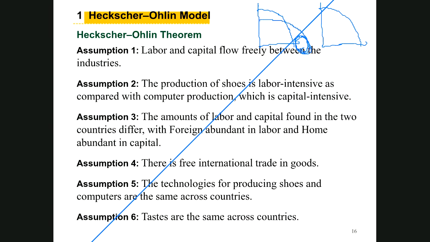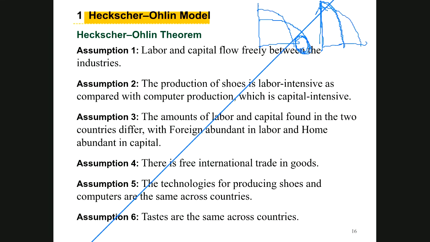On the other hand, if the foreign country is capital abundant, and the vertical axis represents the labor intensive good, the PPF of the foreign country will look like this.